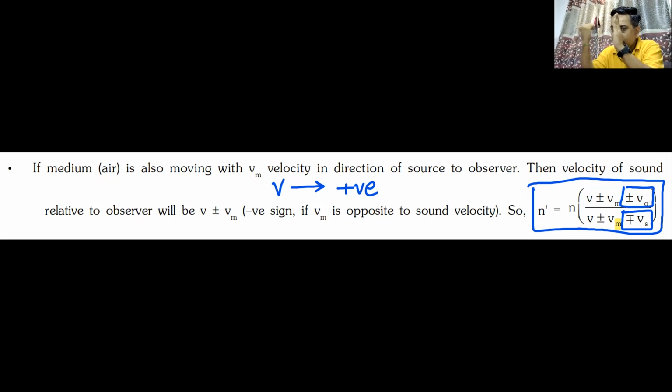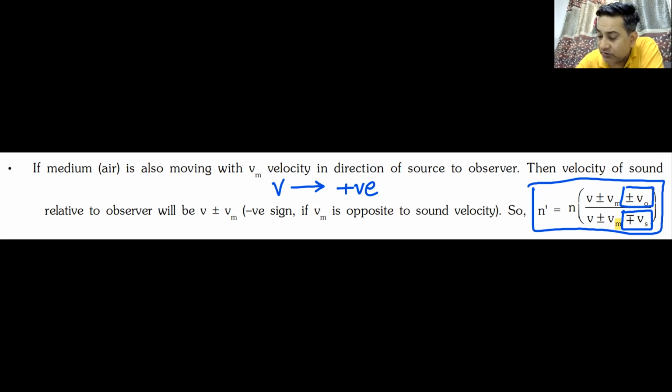The sound is moving in this direction, but the observer is moving like this. So the observer will be moving in the opposite direction. If a body is moving in the same direction, its velocity is taken as positive. If a body is moving in the opposite direction, its velocity is taken as negative.